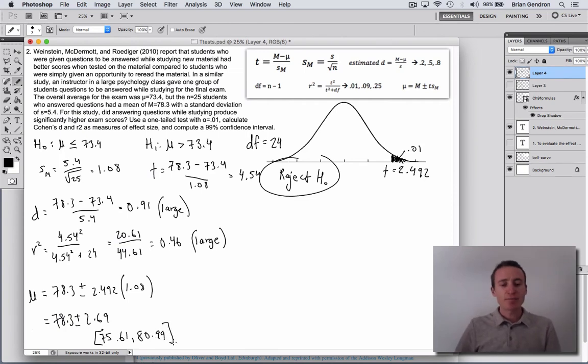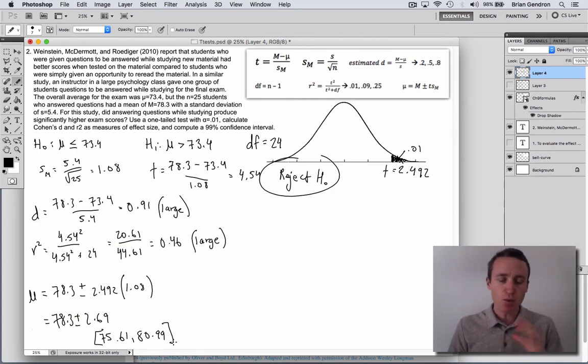So we are 99% confident that the true population mean for those receiving this treatment is between 75.61 and 80.99 points. All right, so that concludes this problem.